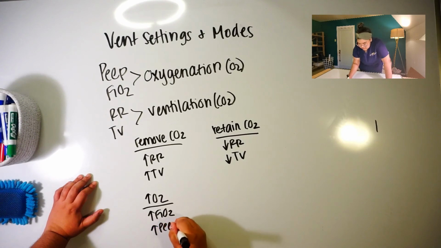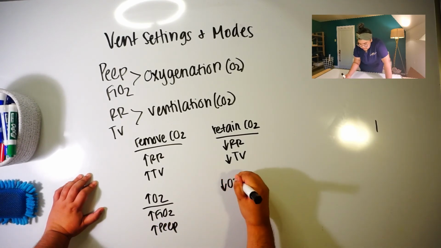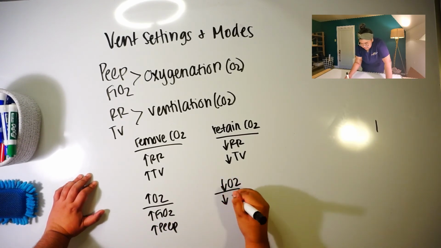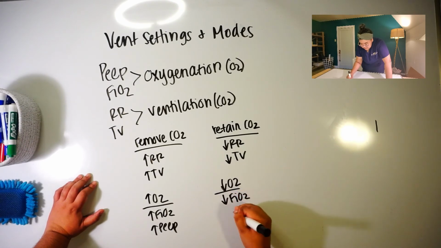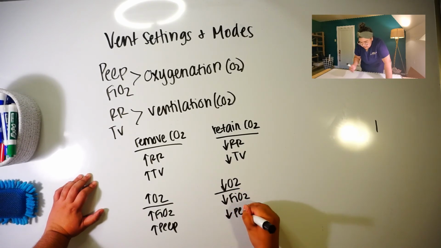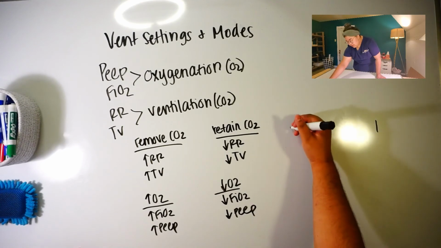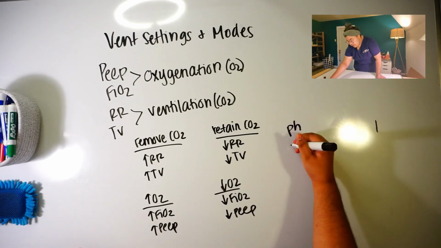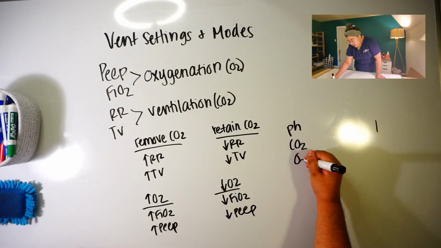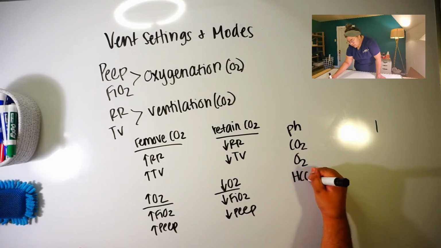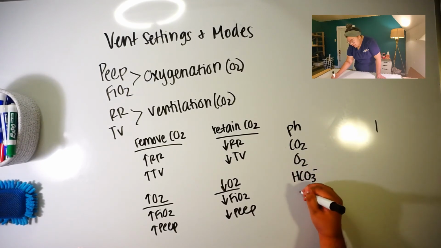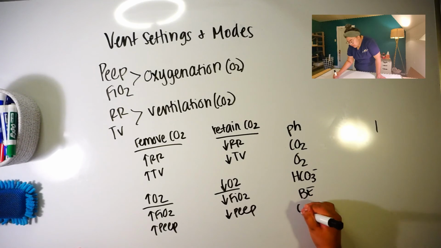And if you want to decrease O2, then you got to either decrease FiO2 or decrease the PEEP. Okay, so whenever you're looking at your gas, you're going to get your pH, CO2, O2, and bicarb. And you're going to get a base excess and an O2 sat as well.